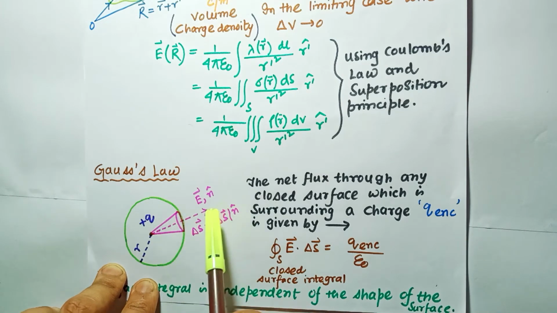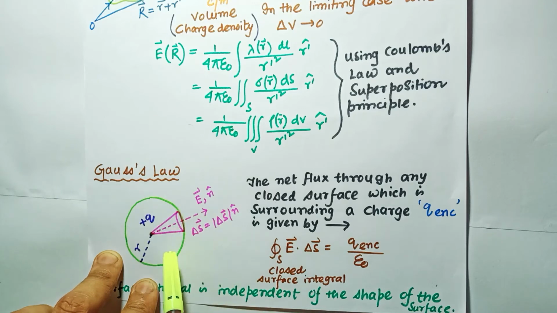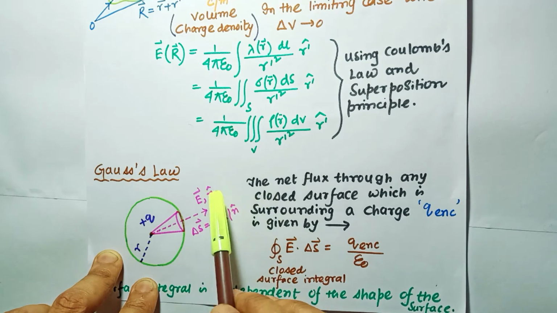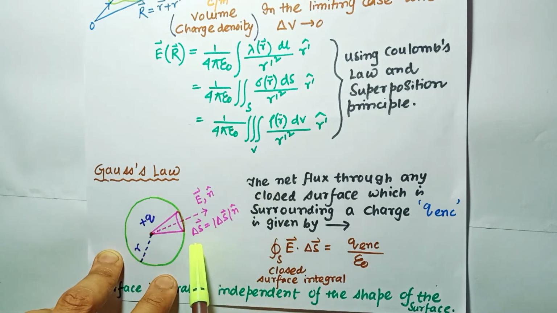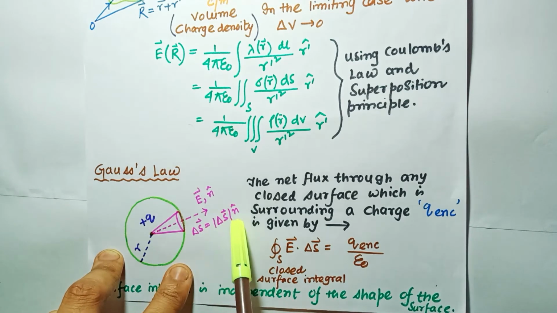This is the direction of the electric field, and on the surface of the sphere, if we take some elemental area, the normal of the surface will be in the same direction as the electric field, and we can write the small area vector delta S equal to its magnitude, modulus of delta S, times n cap.